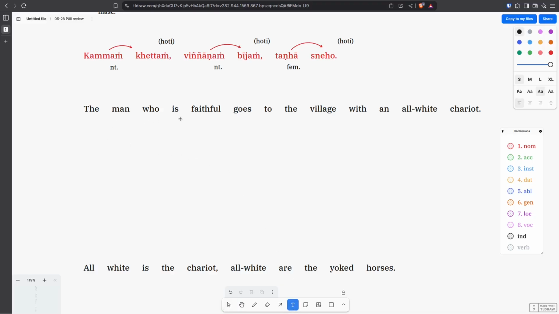So the man who is faithful goes to the village with an all-white chariot. So what is the, Venerable Aññā, what is the subject? Who is doing the action? The man. The man, that's right.